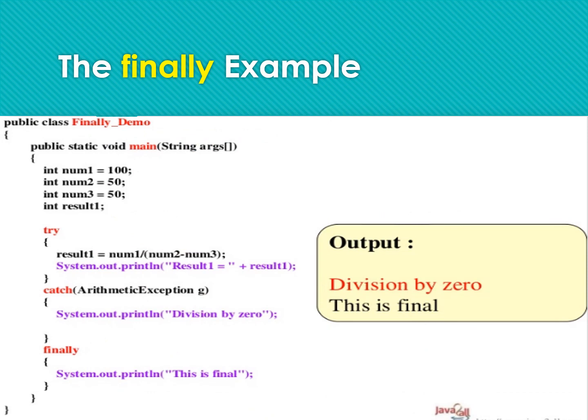So in this example, it's a simple class with a main, and it actually wants to show a division by 0 kind of exception. So for example, it's executing this. So num2 minus num3, 50 minus 50 is 0. So we are expecting that an error will be triggered here.